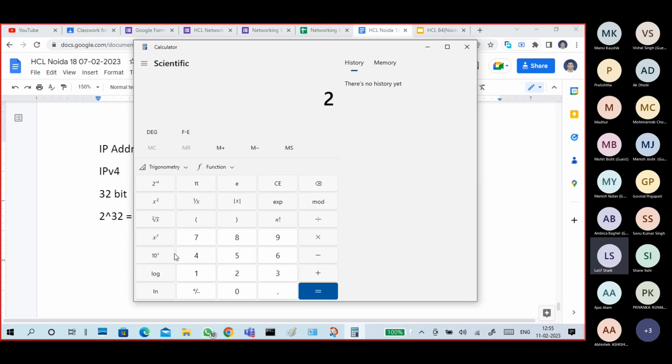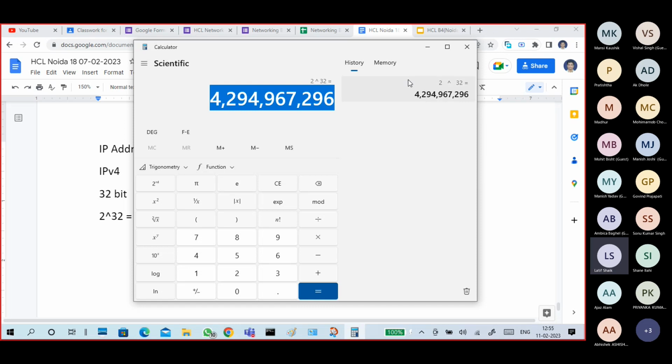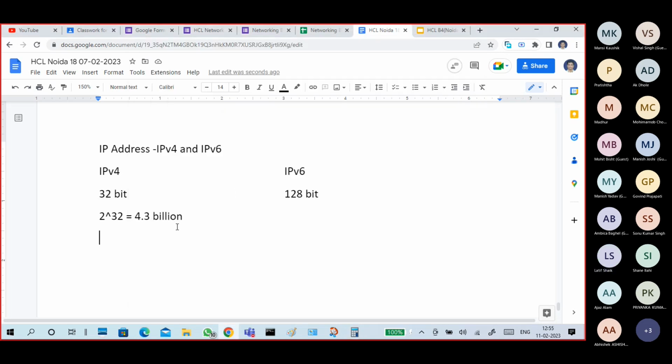It is 2 to the power of 32, this is the exact number we are getting. This is the original number of IP addresses.